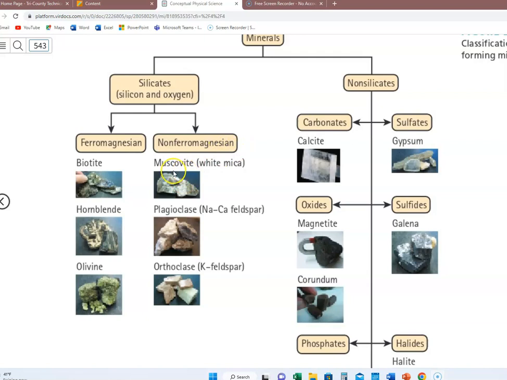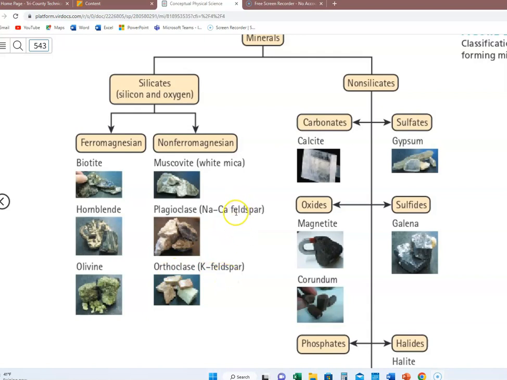And then of course for the non-ferromagnesian, we've got muscovite, plagioclase, which is another way of saying sodium calcium feldspar. Remember, feldspar is one of the silicates that's found all over the place, almost as much as quartz.